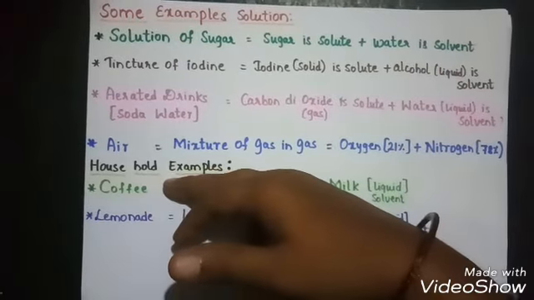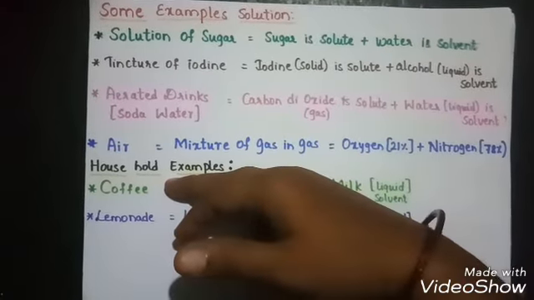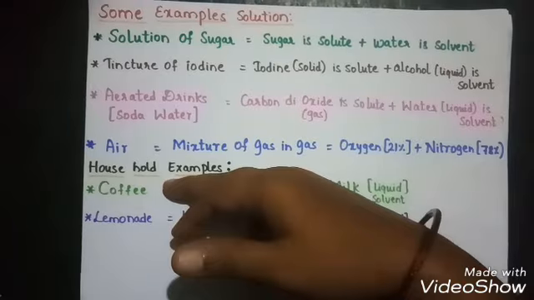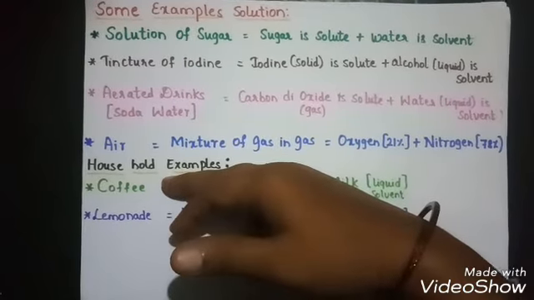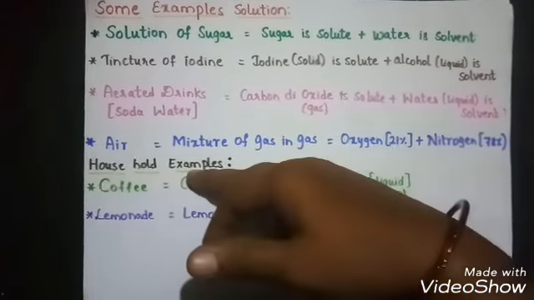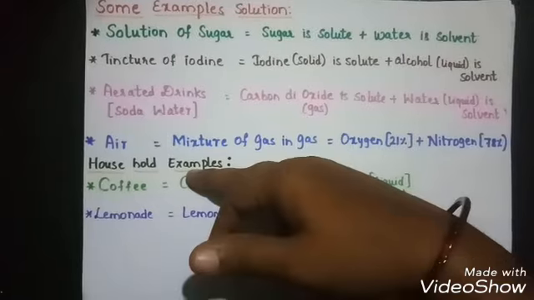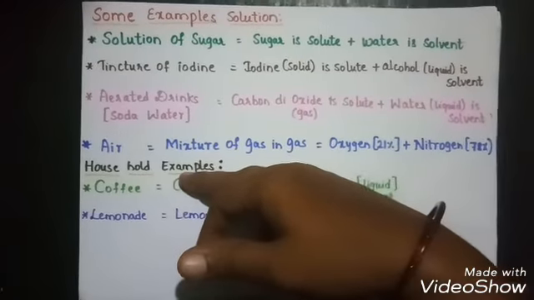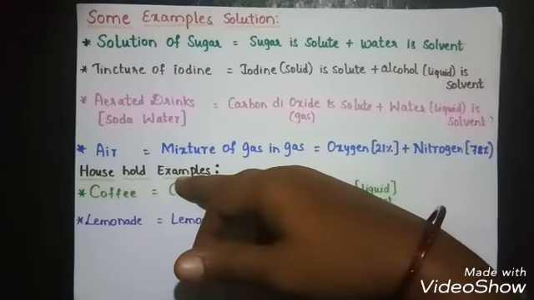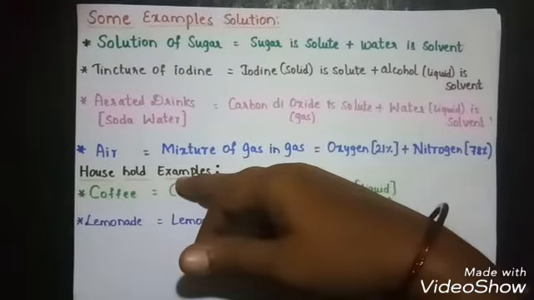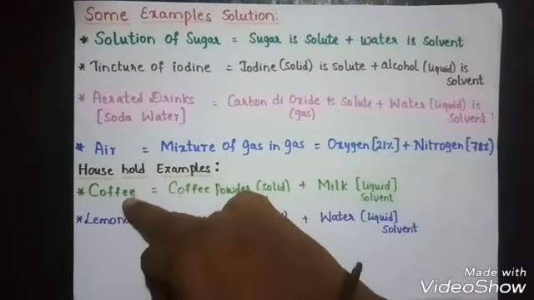In your home also, daily you may come across different kinds of solution. Here I have listed two examples, and in the same way you can observe things in your home and list out the different kinds of solution. For example, coffee.